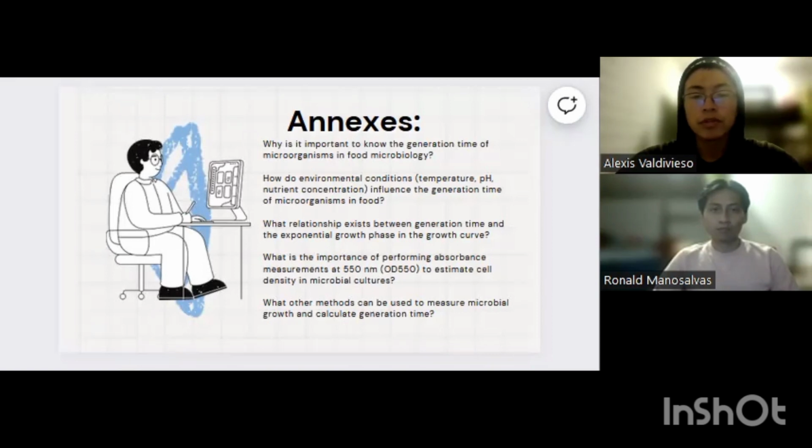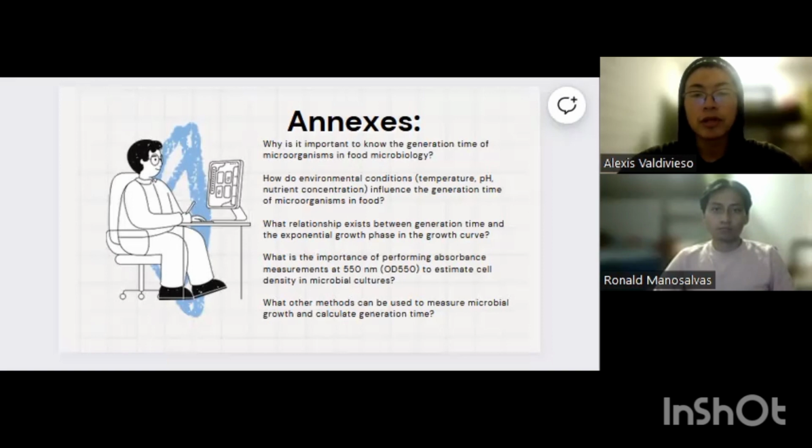2. Turbidity measurement. Turbidity or cloudiness of a liquid culture is measured using a spectrophotometer. As microbial cells grow and multiply, they increase the turbidity of the culture. The time it takes for turbidity to double can be used to estimate the generation time. 3.